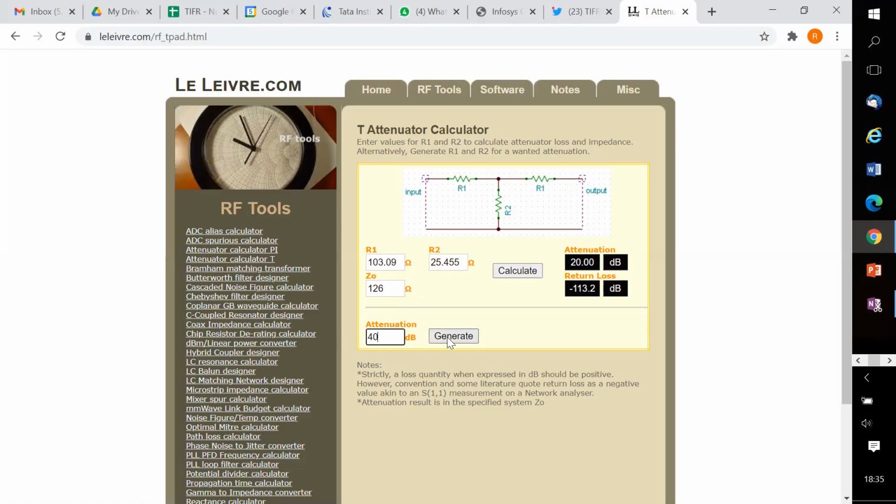If I go to 40 dB, it looks closer to 126 ohms. If I go to even higher, even closer to 126 ohms. So it's not a fluke that it is adding up to 50 ohms. It's actually adding up to Z naught. Now, can you tell me?